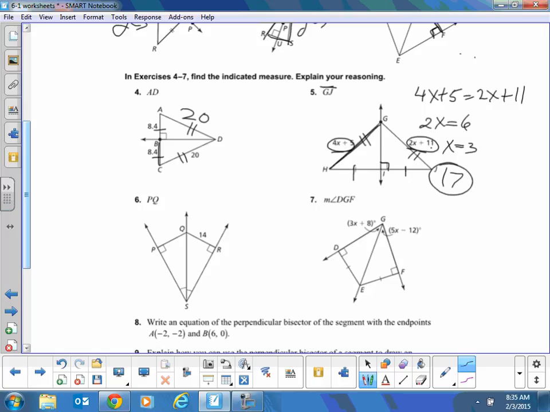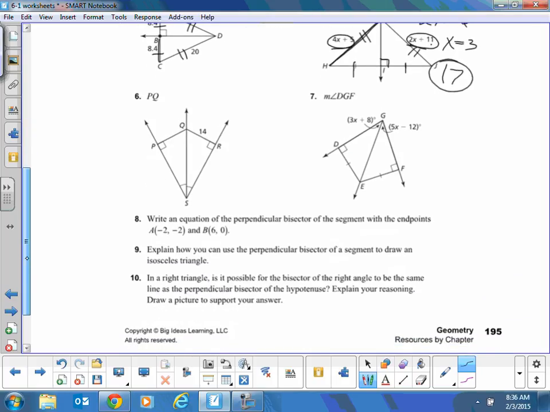14. PQ? Yep. Yes, 14. Equidistant. DGF? Equidistance to the sides, so these must be congruent angles. 3x plus 8 equals 5x minus 12.